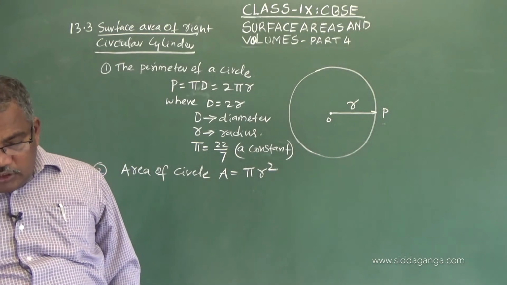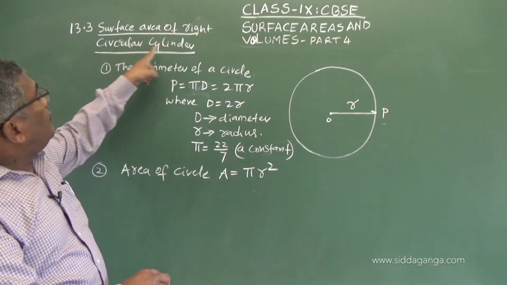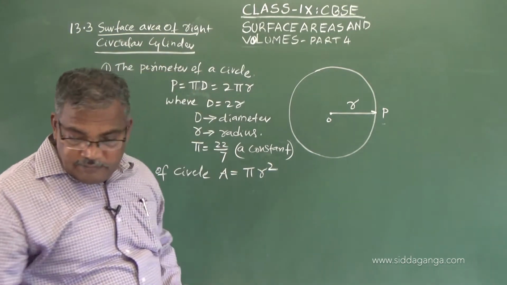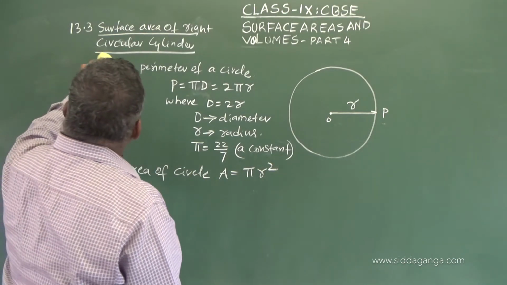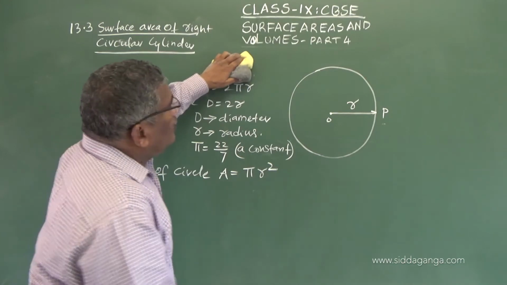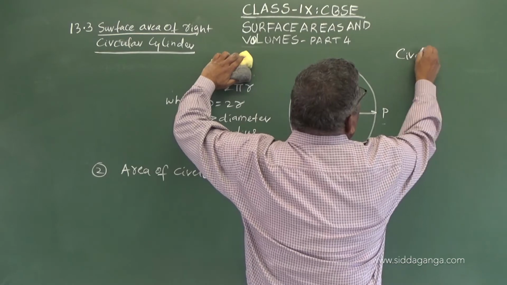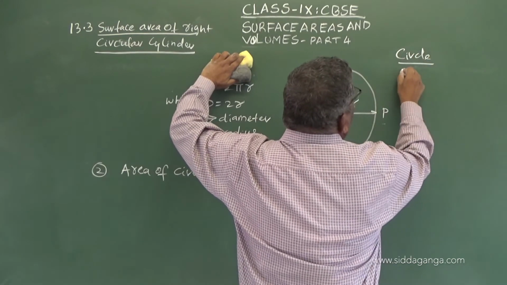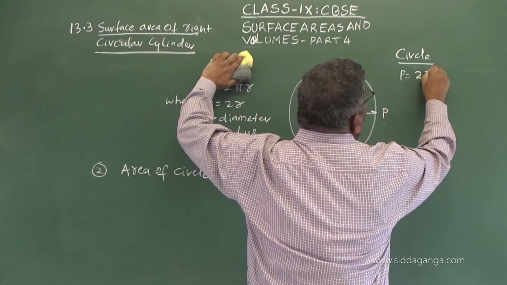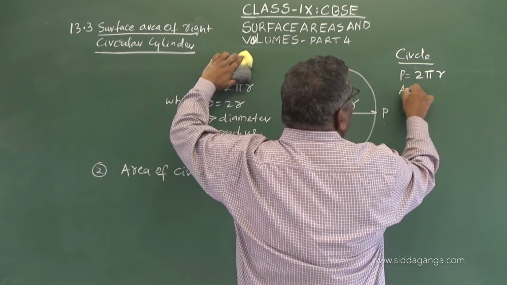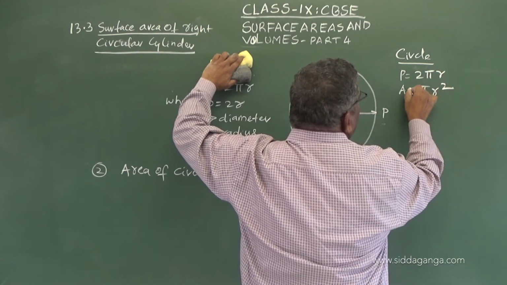So now I will move on to the right circular cylinder. I will erase this now. So I will write here, for a circle, perimeter is 2 pi r, area equals pi r square.